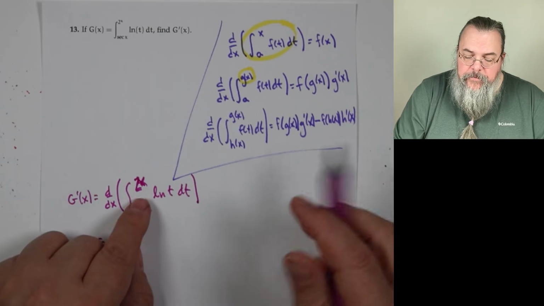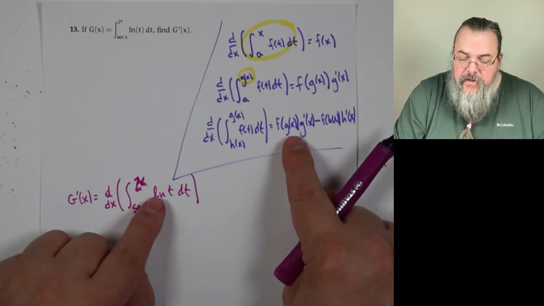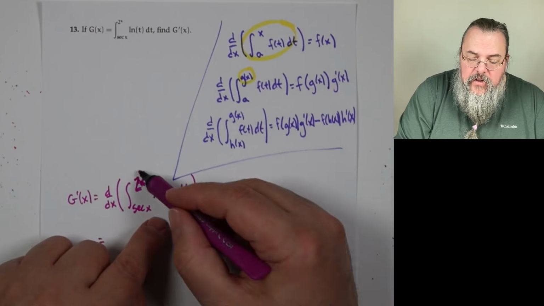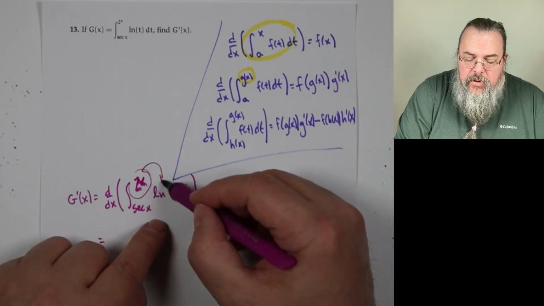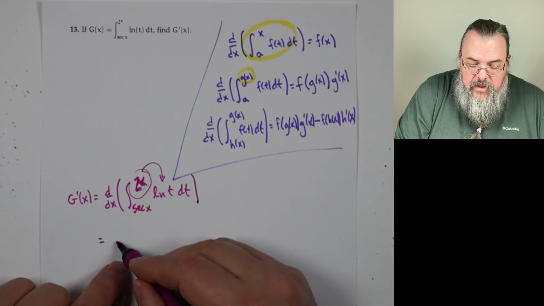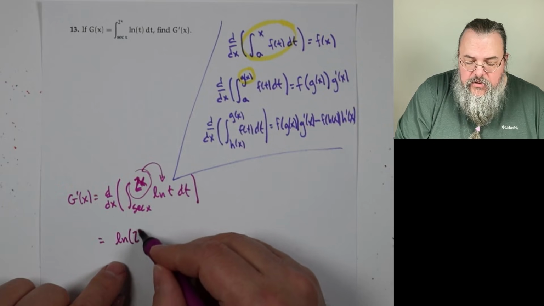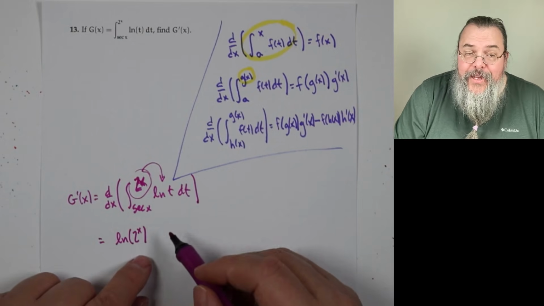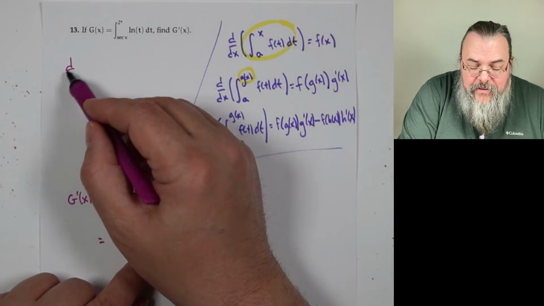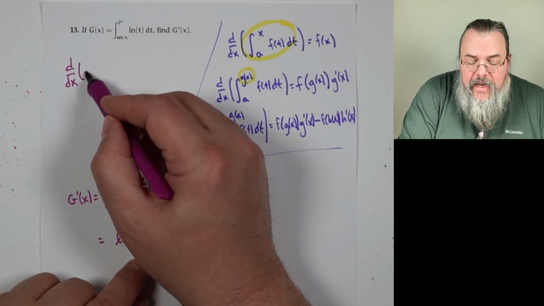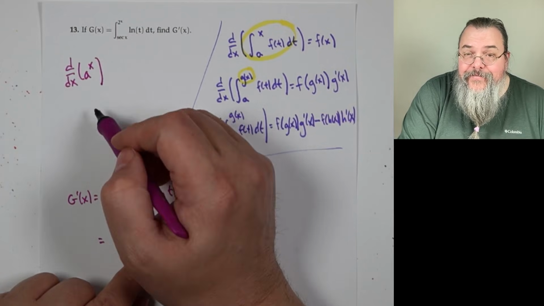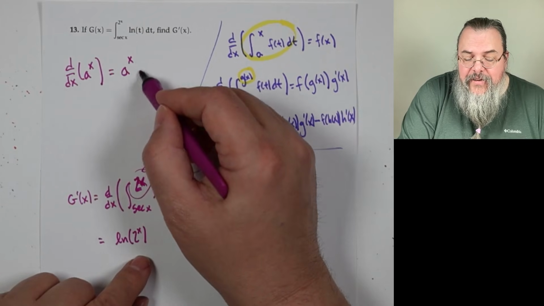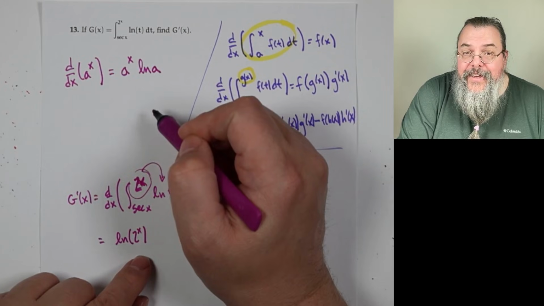we do what? Well, we take f, so here f is log. So we're going to take the 2 to the x and plug it in. So that's going to be log of 2 to the power x times the derivative of 2 to the x. Now, what is the derivative in general of a to the power x? The answer is a to the power x log a.